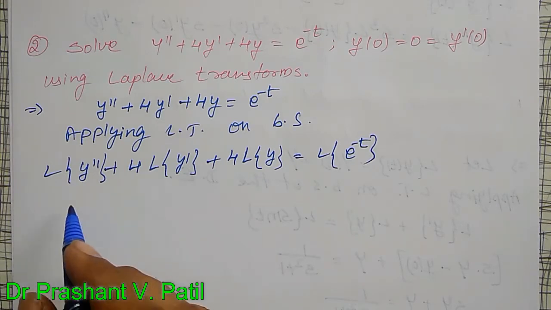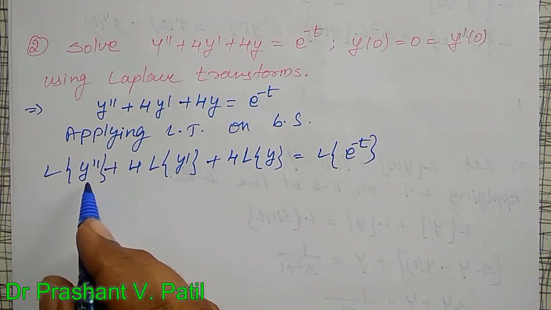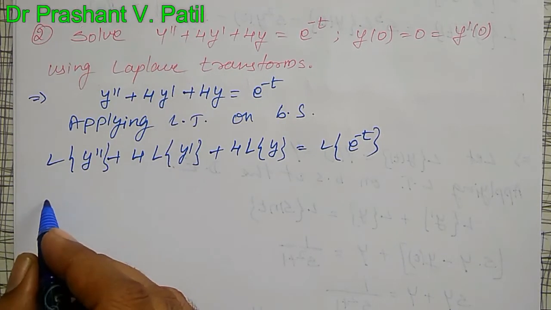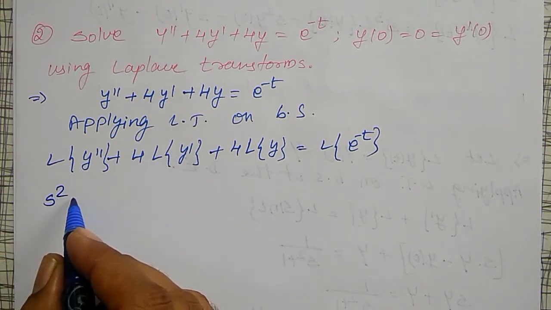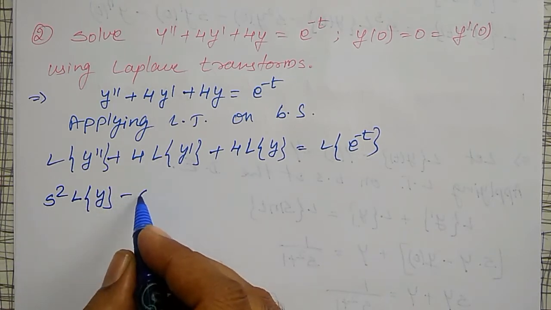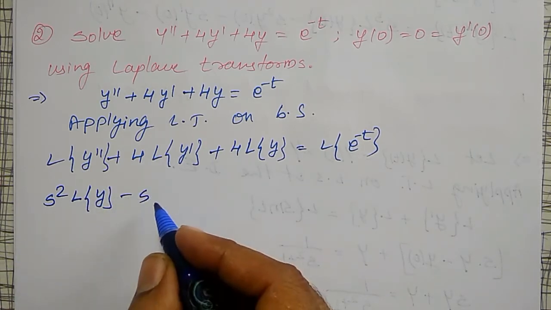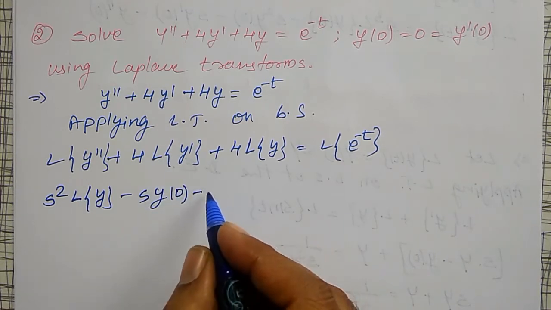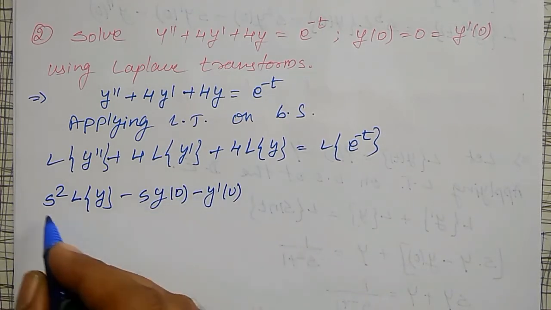Then Laplace transform of y double dash of t, using that formula, I can write it as s square into Laplace transform of y minus s into y of 0 minus y dash of 0.